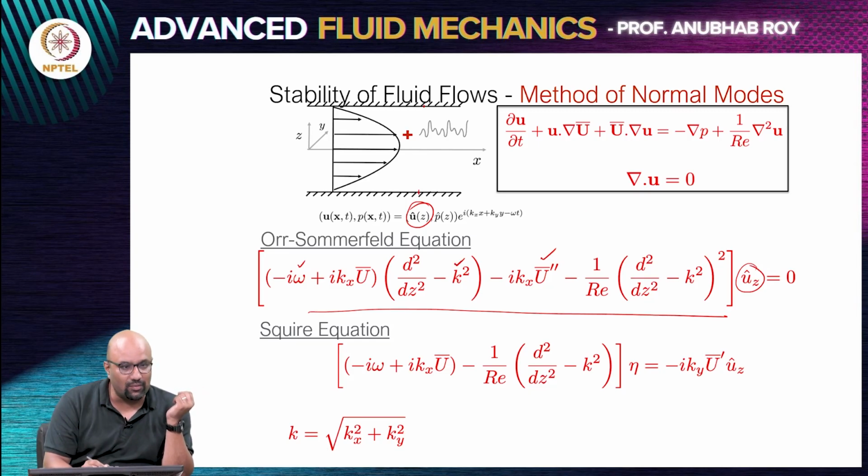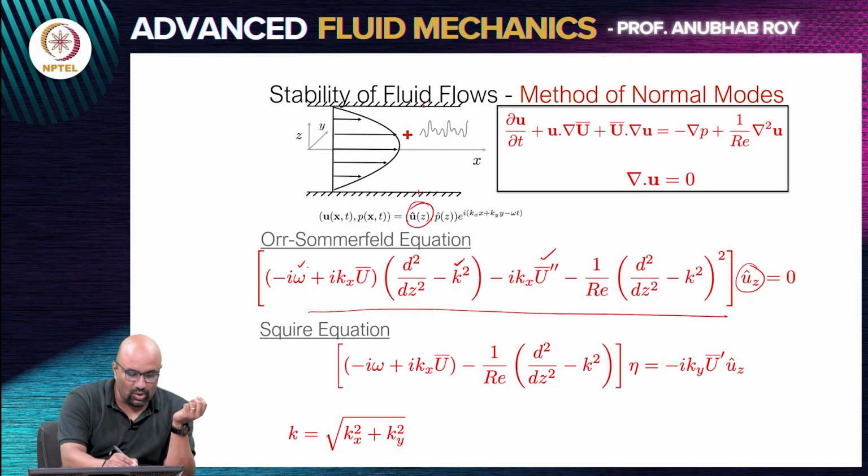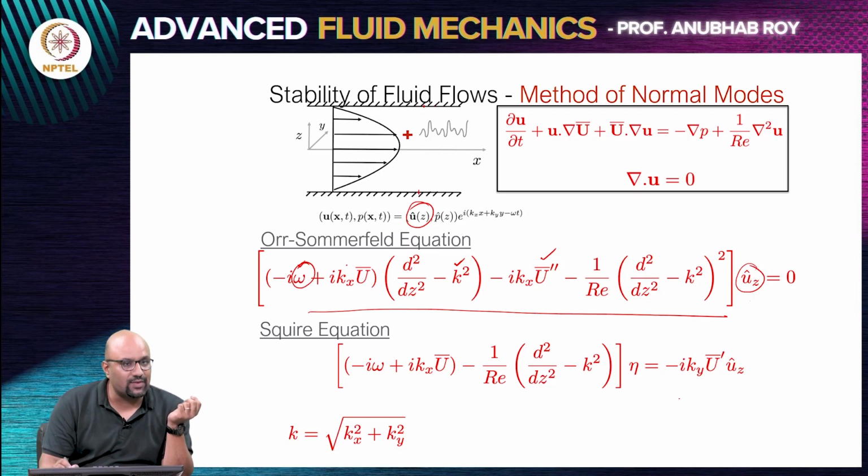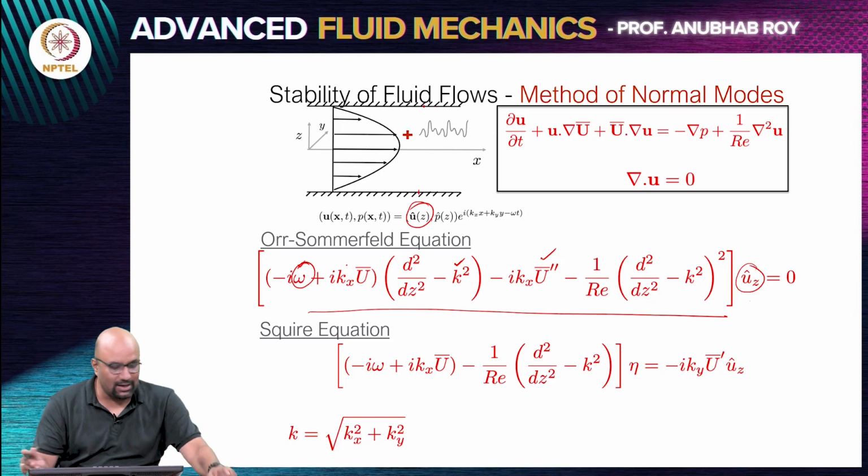If I fix the wave number k, then the approach is to find out what would be the frequency in the problem, because all frequencies would not satisfy the boundary condition. When you solve this differential equation, you will get solutions, but not all of them will satisfy the boundary condition. So, you are going to ask for what frequencies, given a k, satisfy the boundary condition. That's the heart of what we have.